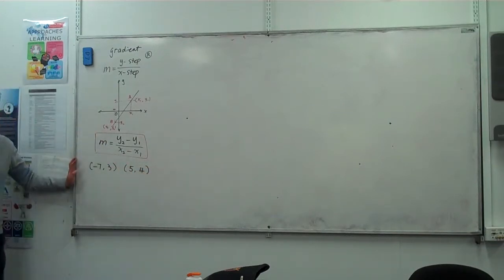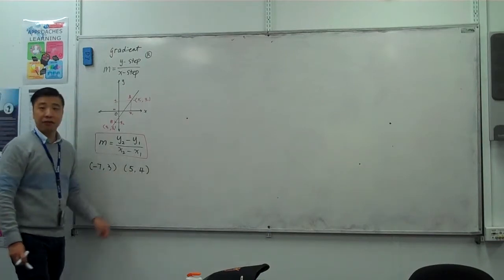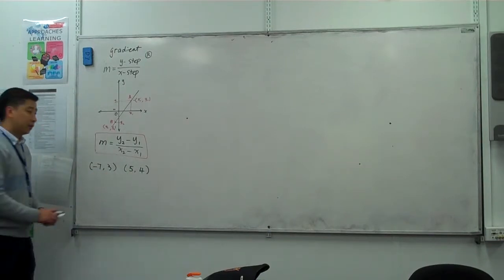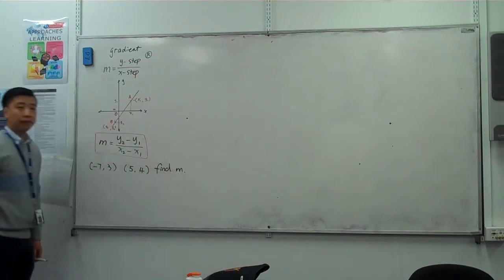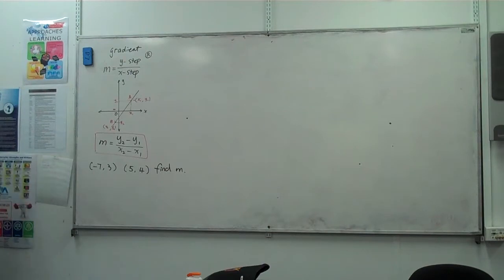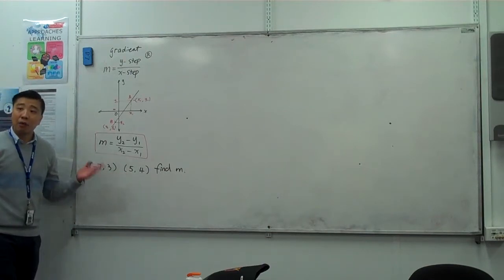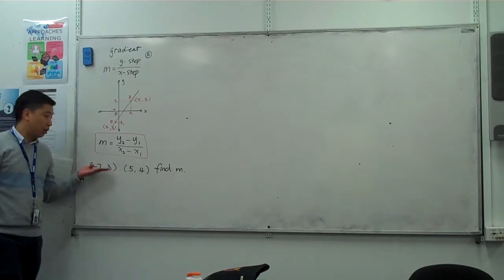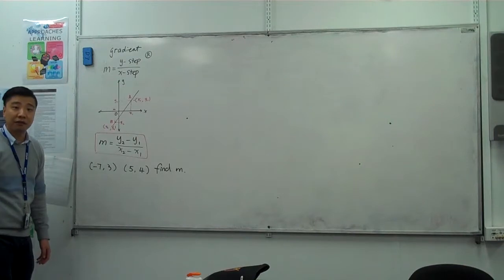Now let's have a look at this question. If the line passes through -7, 3 and 5, 4, find the gradient. Yesterday, like I said, to make this question easier, I want everyone to label that on the top of each coordinate, and then that will be easier for you.